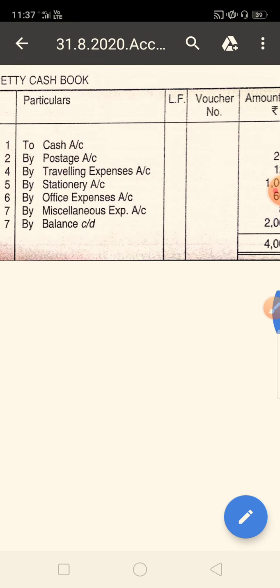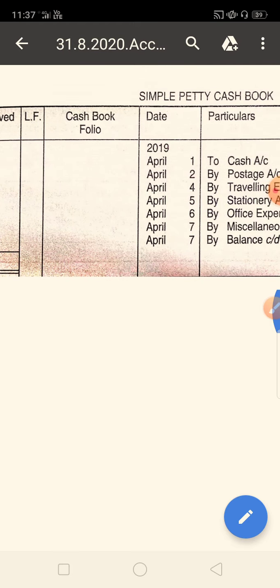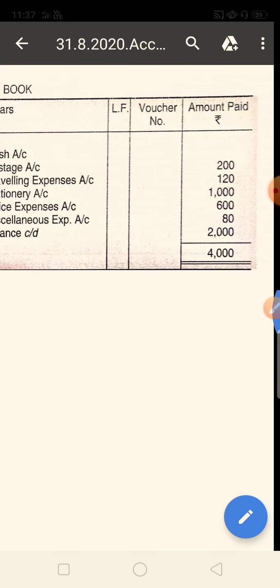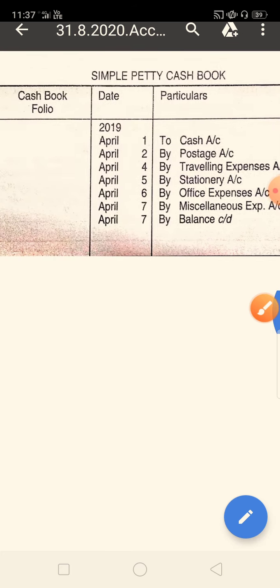Or if you are using the imprest system, so it means, my dear student, this 2000 rupees you will transfer in the next week.